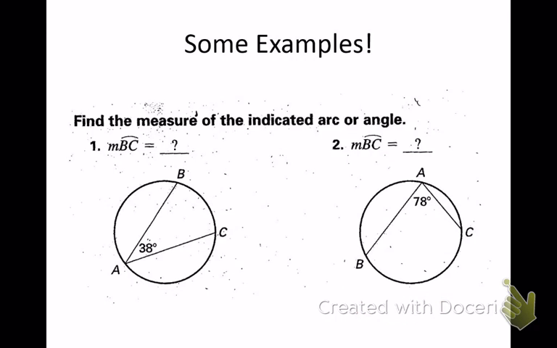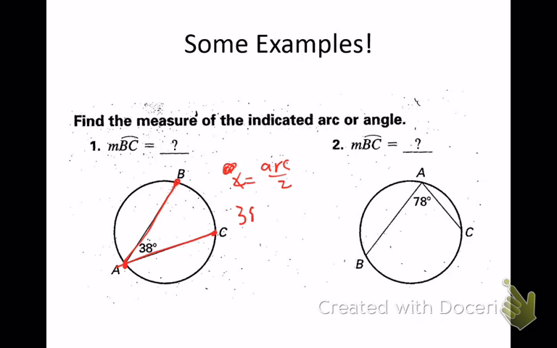So, a couple quick examples here to try to bring this together. We want to find the measure of arc BC. Well, simple enough. Since the endpoints of arc BC are here, we can trace this back to a vertex. And the vertex is on the circle. So that means that the angle is going to be the arc divided by 2.